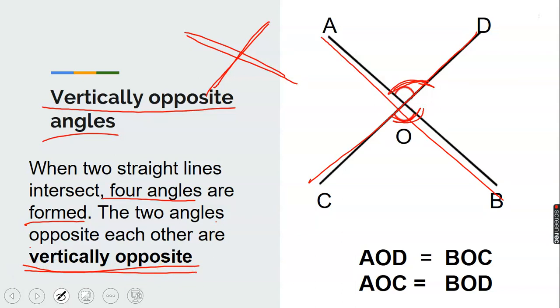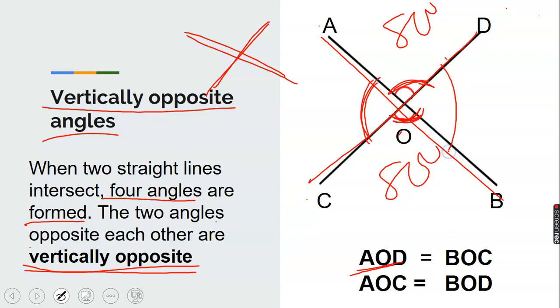Whatever you have here, let's say this angle is 80 degrees, this side too will also be 80 degrees. We say AOD equals BOC. Also, whatever is here, you can see this place too, they are also vertically opposite.